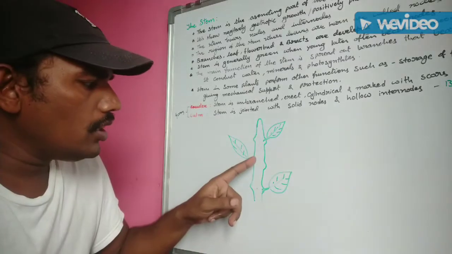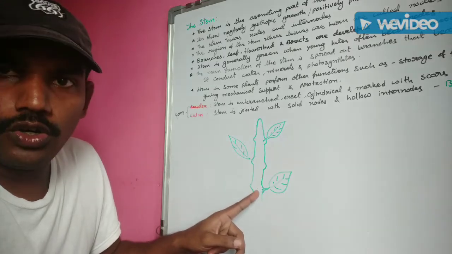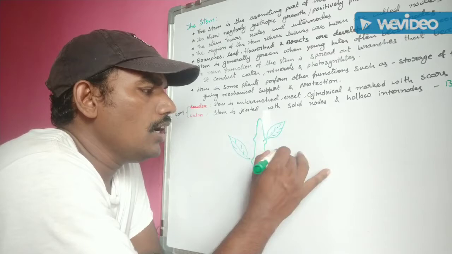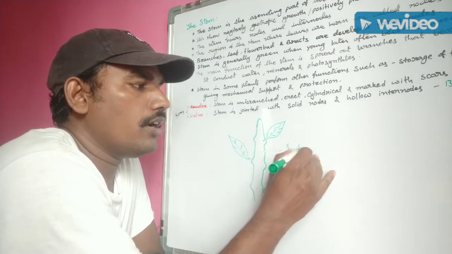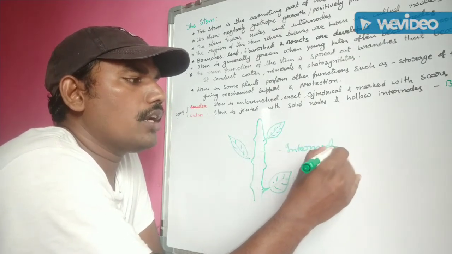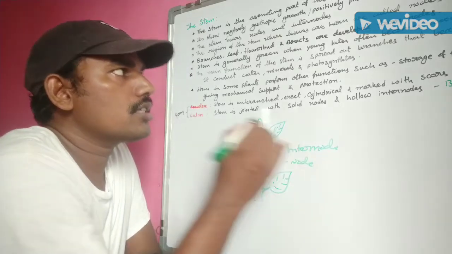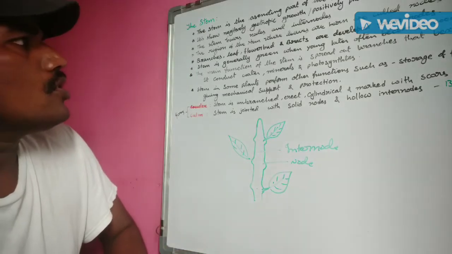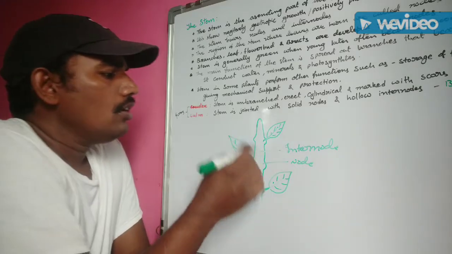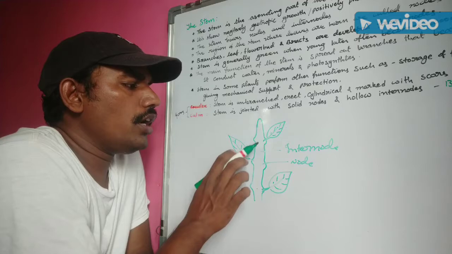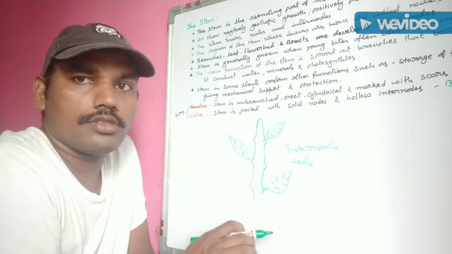Okay. In between the node and the node, in between two nodal regions, that one is known as the internode, the internodal region. So the stem is distinguished into nodes and internodes.